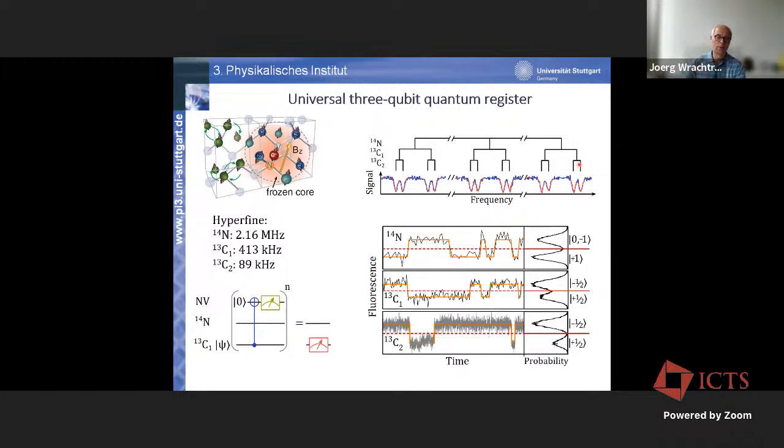If you now measure one of those nuclear spin transitions or signals as a function of time, you see that these signals undergo fluctuations.